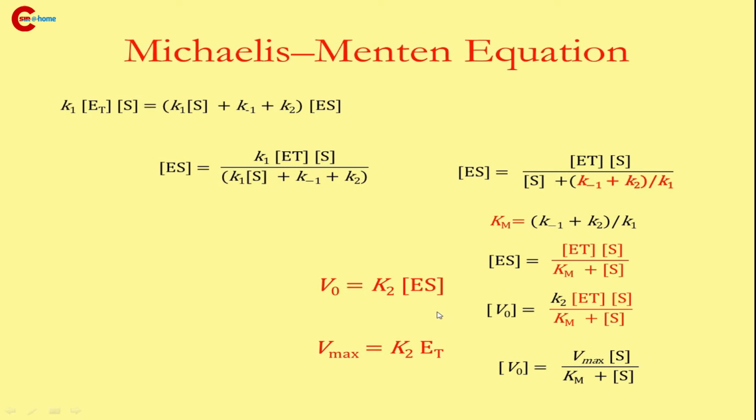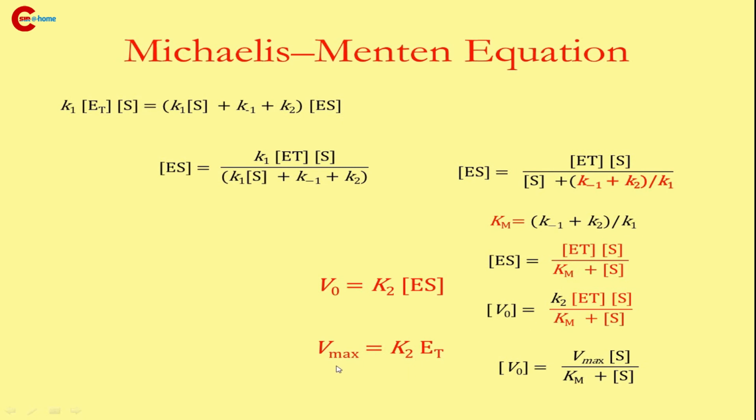Substituting ES equals ET S divided by Km plus S, this equation becomes V0 is equal to K2 ET S divided by Km plus S.